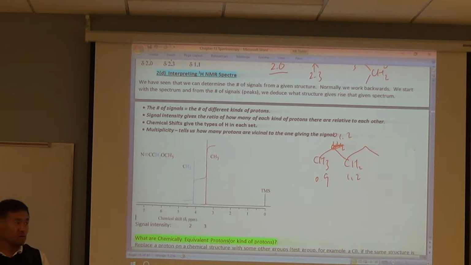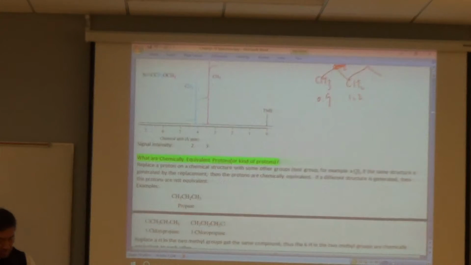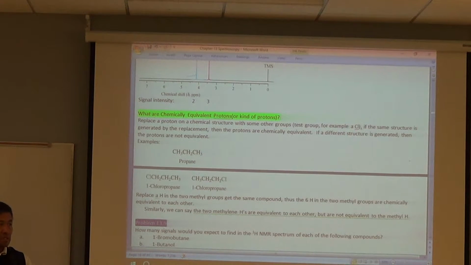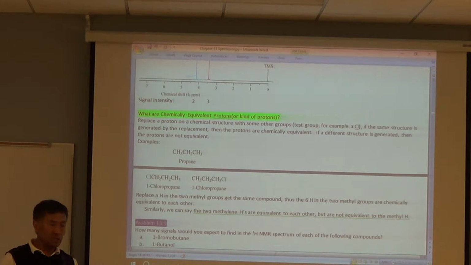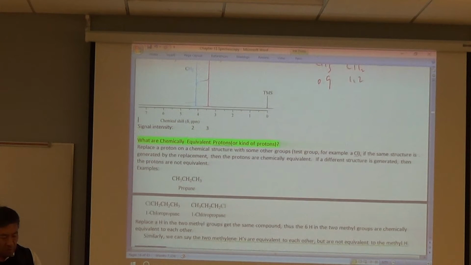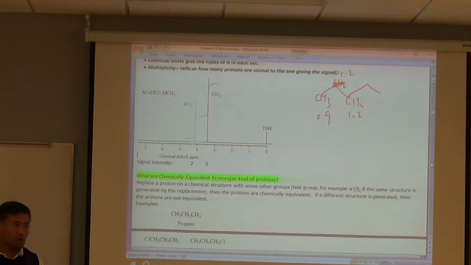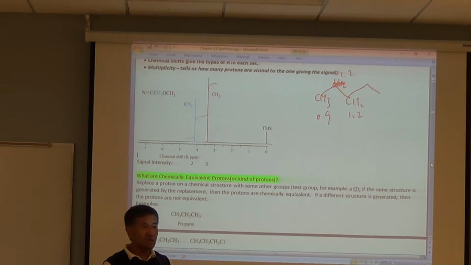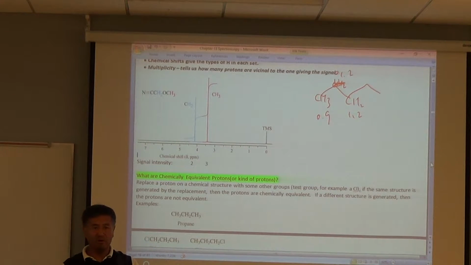So the chemical shift is one thing you want to use to get some information about your structure. The other is how many signals you have, like in the last spectrum. How many signals you have will tell you how many equivalent types of H you have.